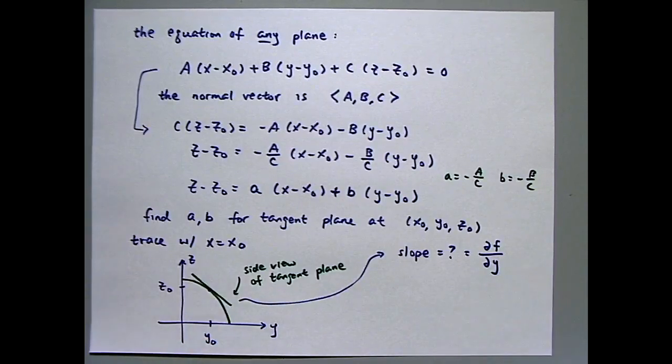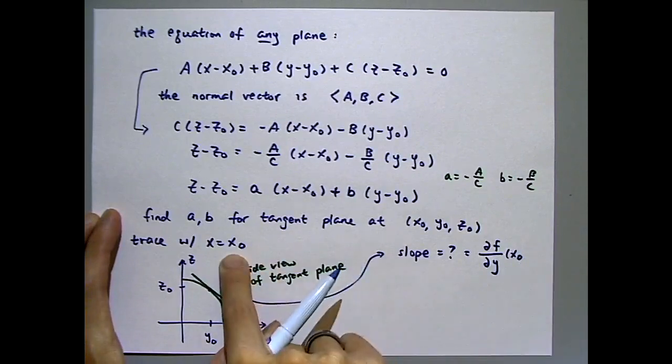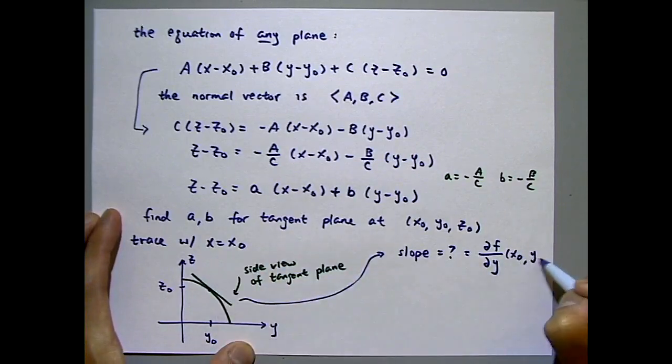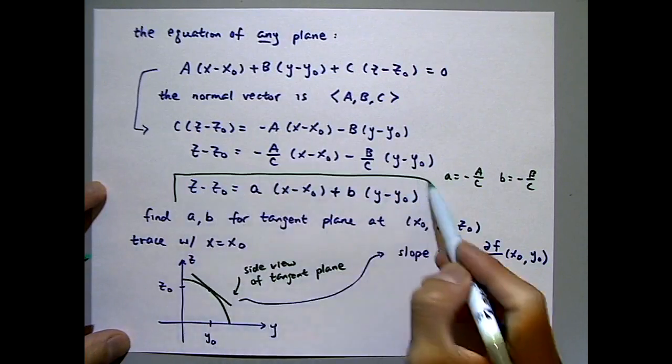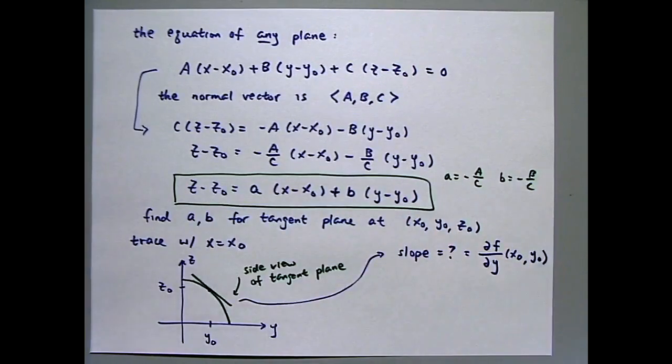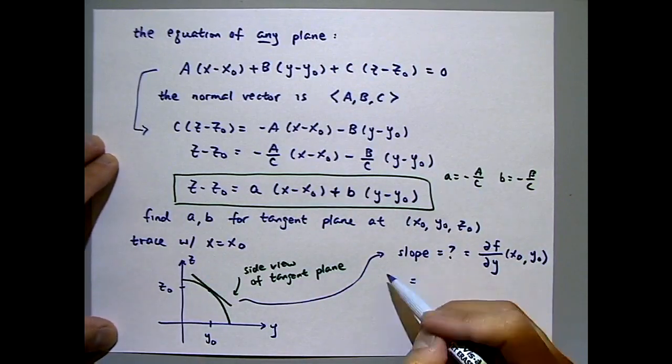How f, which is z in our case, is changing with respect to y. And actually, we're looking at this at a very specific point, at x equal to x0, y equal to y0.